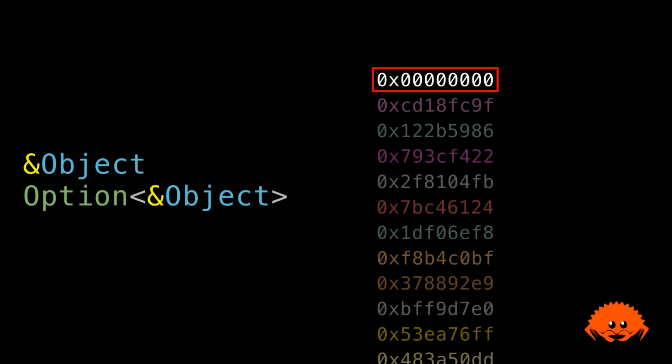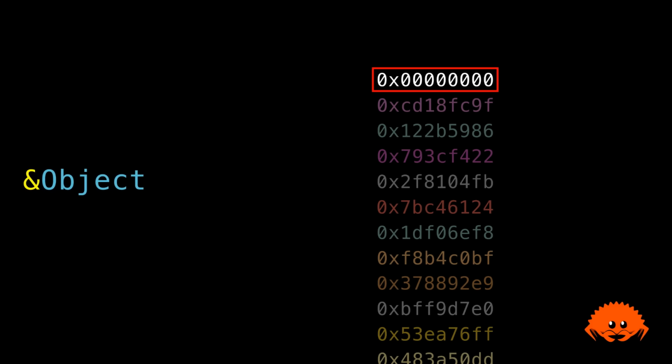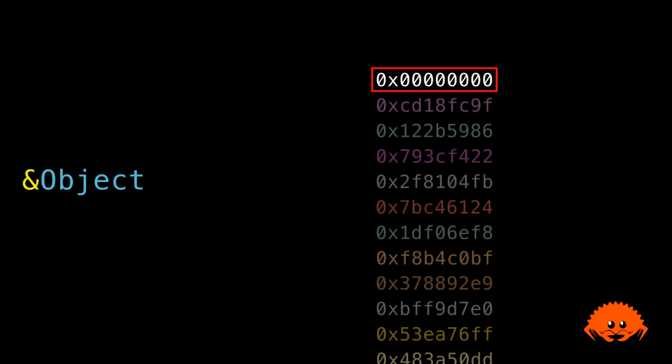It uses all zeros to mean none and anything else to mean some reference. That means we get a nullable reference with zero space overhead and with the full nice API of option, which makes it really hard to forget to null check. And then once we do null check, we unwrap the reference from the option, and everyone further along in our call hierarchy doesn't have to check anything.